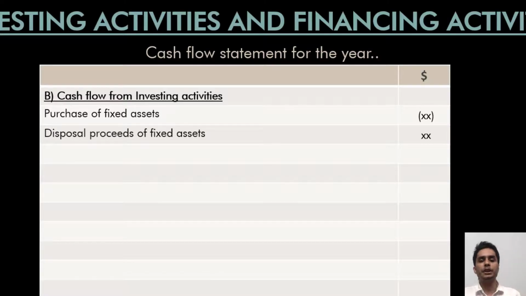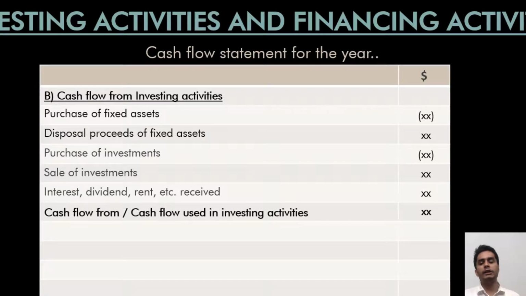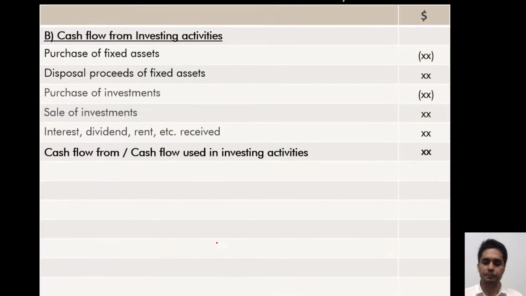My disposal proceeds of fixed assets will be added, inflow. Purchase of investments will be deducted again because they're outflow, and sale of investments would be added. Any interest, dividend, rent received on investments that have been made will be added to cash flow from investing activities to arrive at the final cash flow from or cash flow used in investing activities.